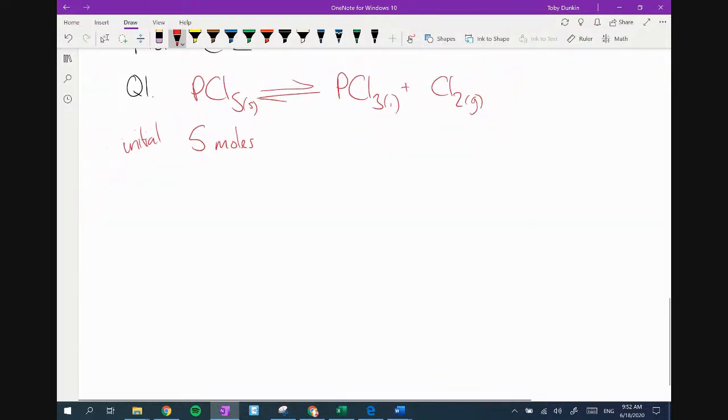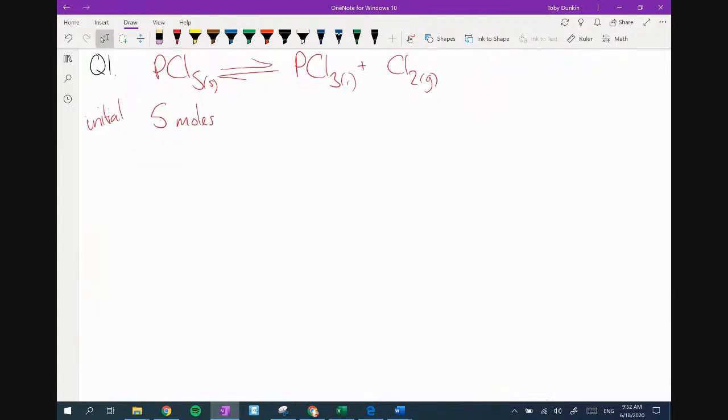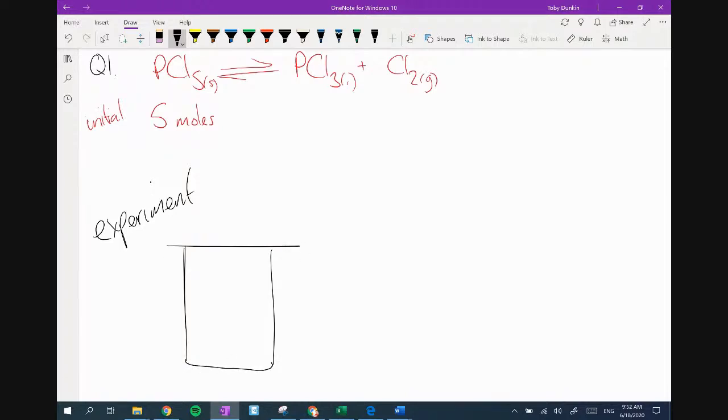This is how I need to teach this. So in an experiment, this is our experiment. I'm going to do this in a different color, back to black again. So in our experiment, we're going to set up our box, and I have to put a lid on it because it needs to be a closed system.